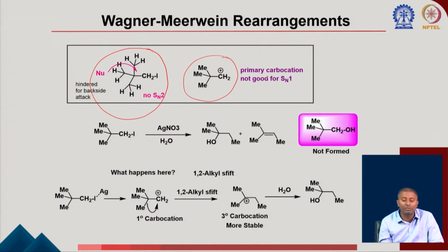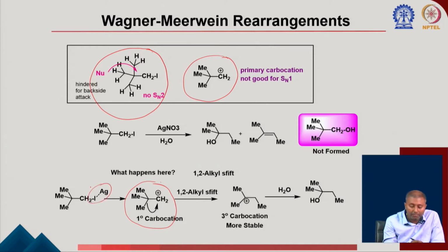So what is happening if you treat it with silver nitrate and water? The silver nitrate is going to activate this carbon-iodine bond to generate this 1 degree carbocation. I am sure you understand this part. And now once it is forming this primary carbocation, there is a 1,2 shift happening from this position to this position. Again the sigma bond of this carbon and methyl is giving electron density to this empty p orbital of this carbocation.